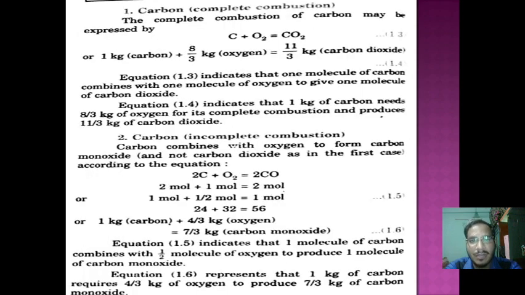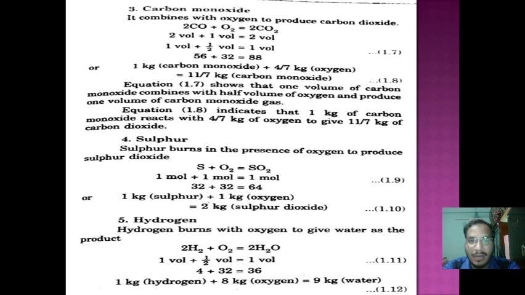Now we are discussing carbon, in terms of complete combustion. If we are using the air fuel mixture in terms of carbon, what will happen if complete combustion takes place, and what will happen in the cylinder if incomplete combustion takes place? Or if, instead of carbon, we take carbon monoxide plus oxygen as the air fuel mixture inside the cylinder for combustion, what will happen?